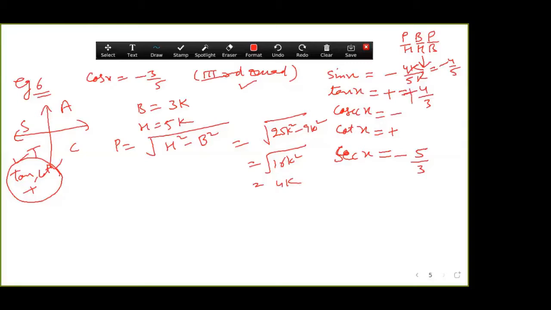And cosecant is the reciprocal of sine: 5 upon 4 with minus sign. And the reciprocal of tangent is cot, that is 3 by 4. So the value of sine x is minus 4 by 5, cosecant x is minus 5 by 4, tangent is 4 by 3, and cotangent is 3 by 4.